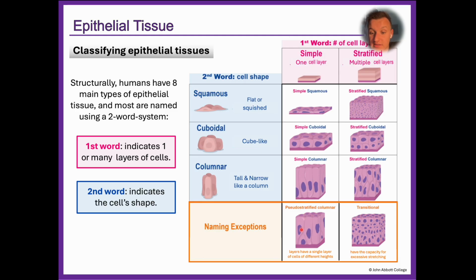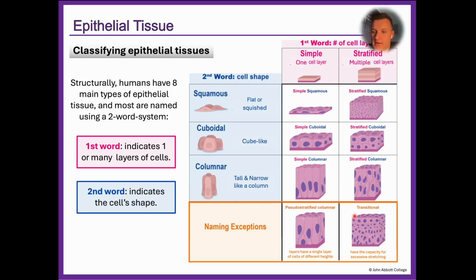And if you don't see the border properly, you actually don't know, right? But this is actually a single layer. It's simple, actually, but it looks like it's stratified. It's pseudo. It's a wannabe stratified, right? So it's a single layer of cells of different heights.